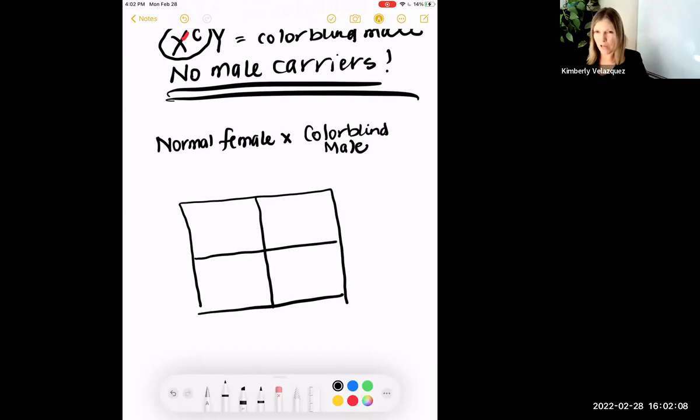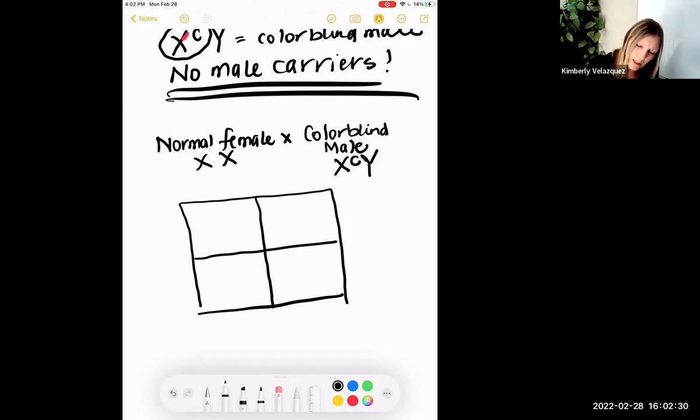So normal female, that means she's XX, no colorblind gene. The colorblind male, we're going to show as a colorblind X gene and a Y that's just Y. It's not carried on the Y chromosome.